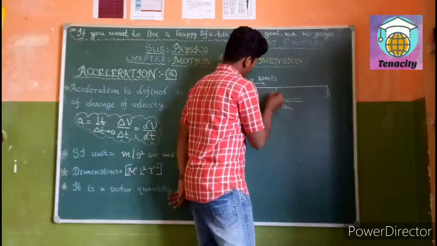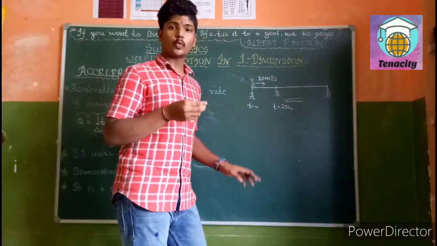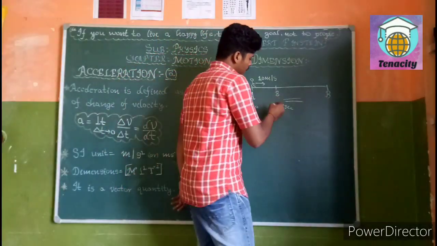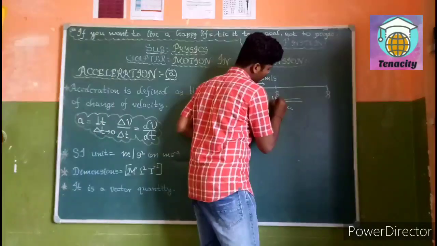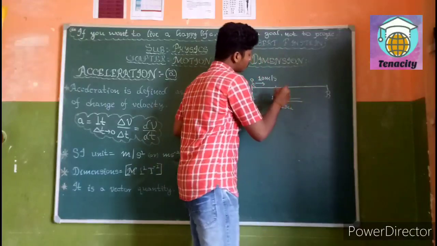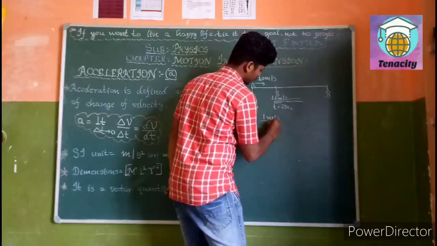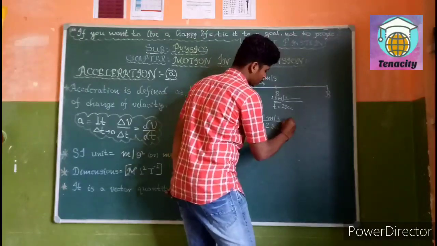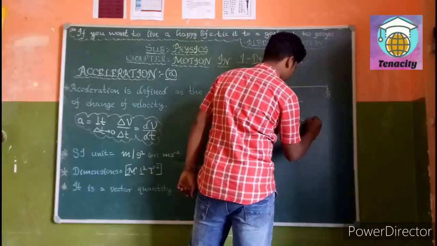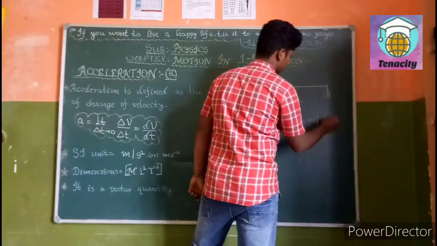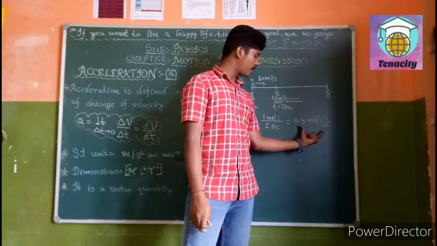When this man comes to point B, if his velocity rises by 1 meter per second, let us consider 11 meters per second, the change in velocity is 1 meter per second in 2 seconds. So its acceleration will be 0.5 meter per second square.